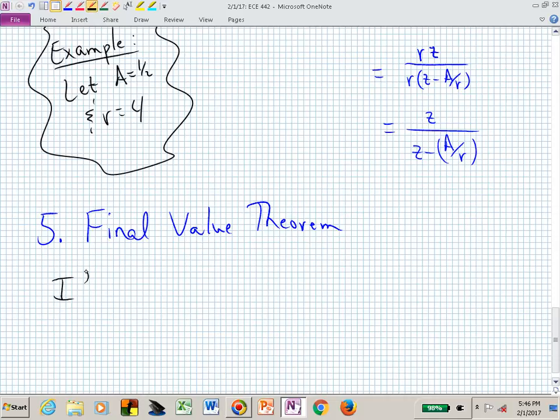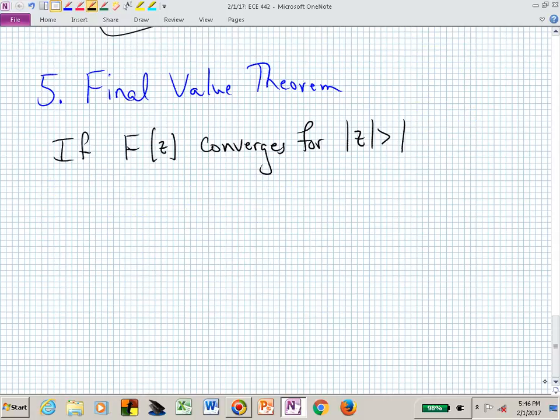Here, let's say that if capital F of z, the Z transform of little f of n, converges for the magnitude of z bigger than 1, that says our region of convergence is outside of 1. That's what that's saying.